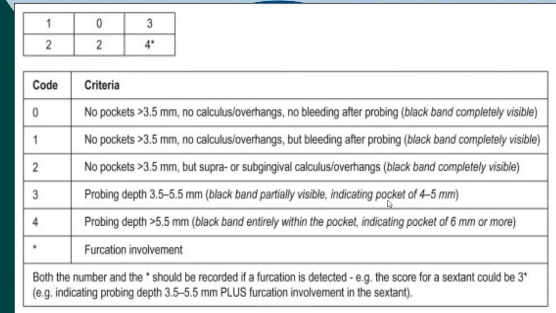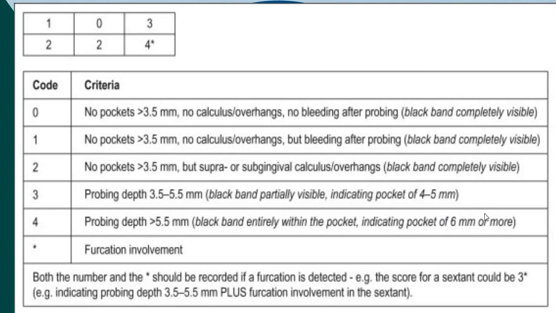Here we need root planing because you have a pocket and part of the root is affected, the cementum is affected. We need to plane this dead cementum. So in code 4, we have a pocket more than 5.5, and the black band is entirely within the pocket and it's invisible.